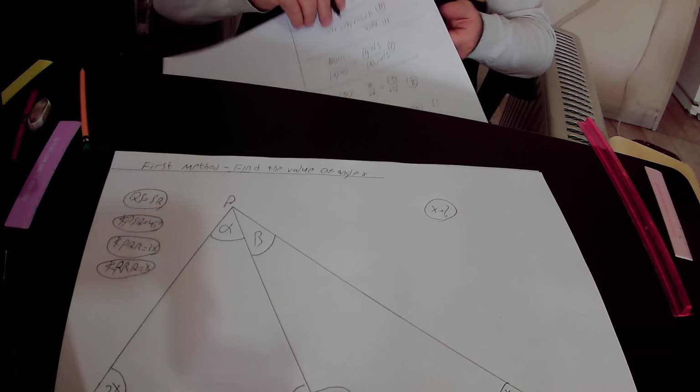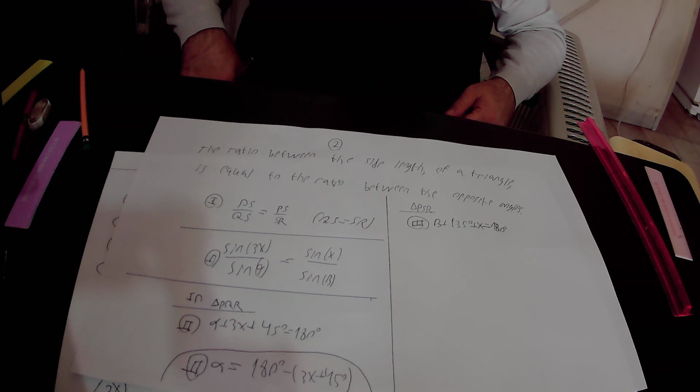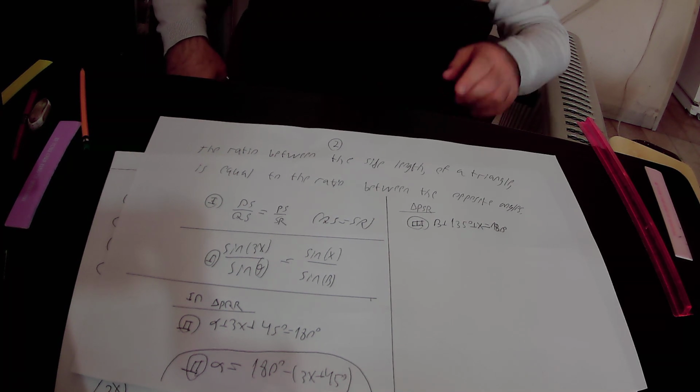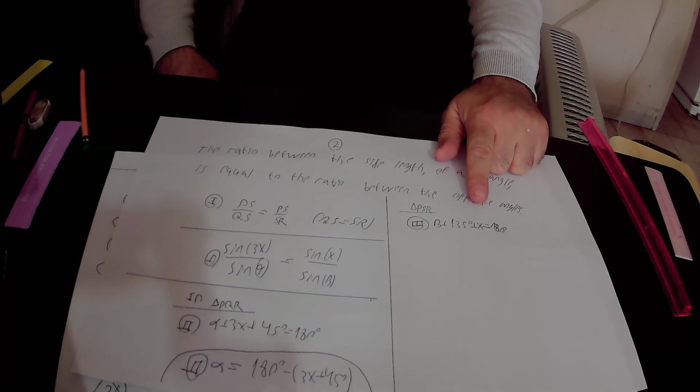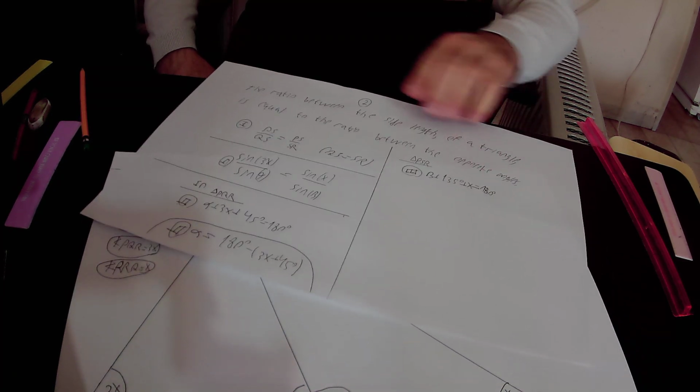I will repeat again. The sum of the angles in triangle PSR is equal to 180 degrees, that is to say beta plus 125 degrees plus x must be equal to 180 degrees.